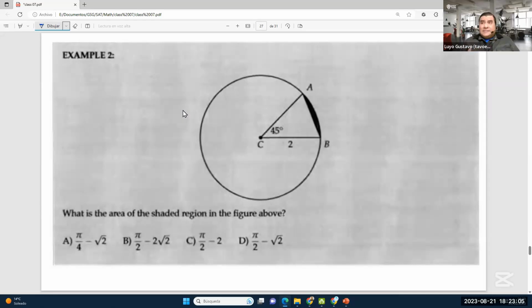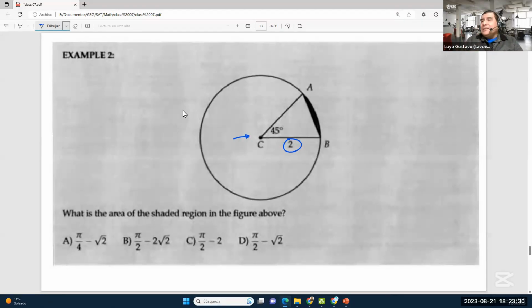Now, take a look at this. You have a circle, the center supposed to be C, right? And you have the radius 2. You have here a central angle, 45, and you have this shaded region. The shaded region could be defined as a difference of two areas. Which two areas? Take a look.